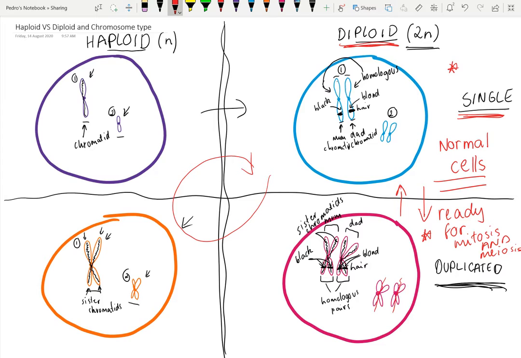Okay, meiosis, on the other hand, is a little bit more complicated. Meiosis, we're going from down here, this box over here, where we have diploid and duplicated chromosomes, okay? And then meiosis 1 happens and we jump into here. So this is meiosis 1. So we're going from diploid duplicated cells, okay, with chromosomes that are duplicated in diploid cells, into haploid but duplicated, okay?